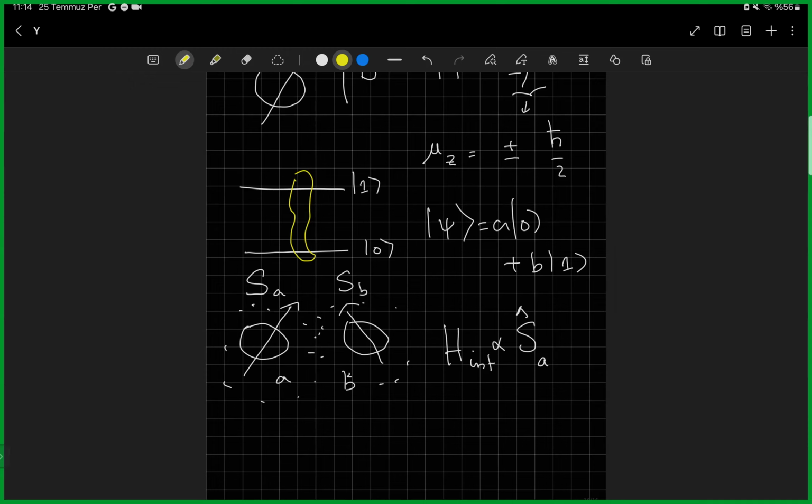But the spin can be in an arbitrary direction. Quantum mechanically, if it's in this state, it's in a superposition. You can't say whether it's aligned or anti-aligned. Only when you make a measurement can you say whether it's aligned or anti-aligned. Because when you apply a magnetic field, you are breaking the symmetry of space. You are applying an axis.